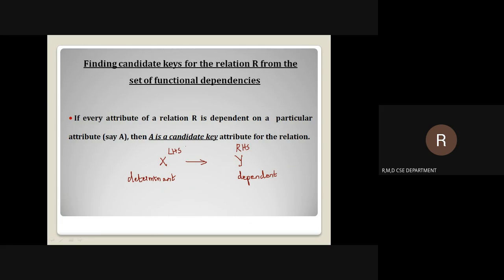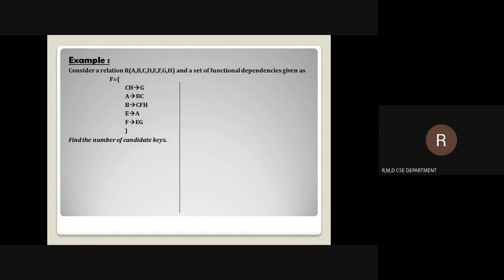Furthermore, whether that attribute is a candidate key or not will be determined only by finding the closure of that attribute. We will see an example for better understanding.